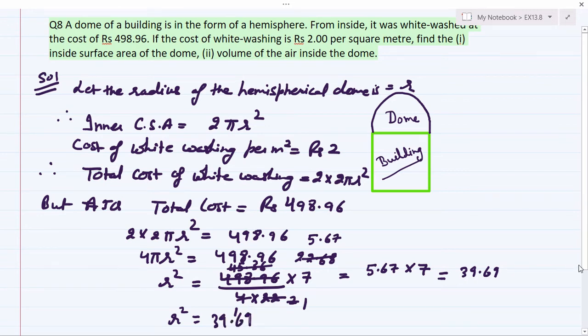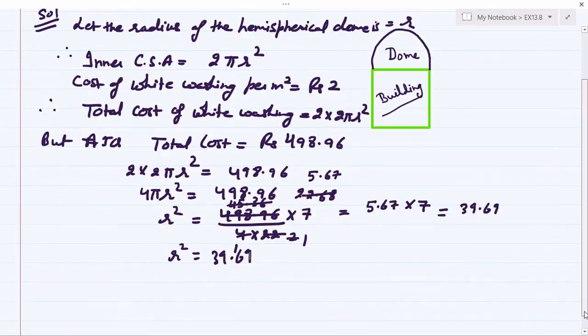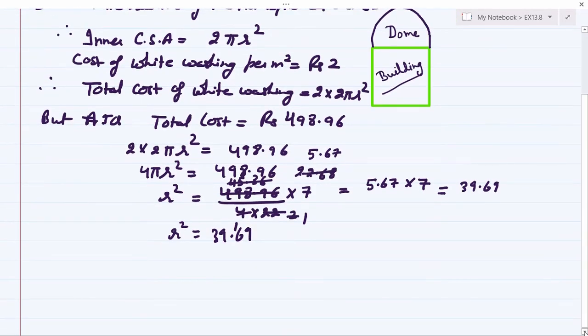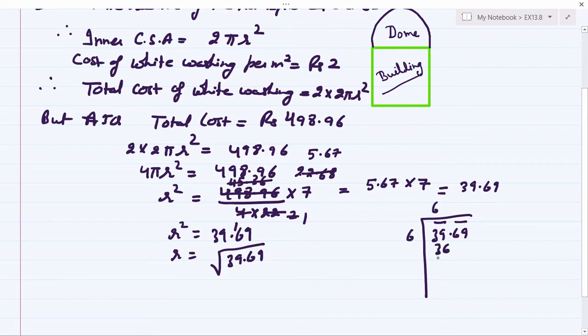So r square equal to 39.69. Now you have to find out the value of r, and for that you have to take the square root of that, right? So now r equal to square root of 39.69. All of you know how to find out the square root. Here I can show you how you can calculate. Make a pair. 6 6s are 36.